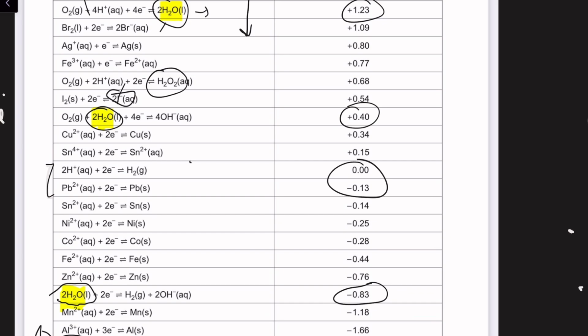So you require 0.13 volt for lead ion and hydrogen gas to react. In the case of nickel ion and hydrogen gas, you require 0.25 volts because it is more difficult to conduct this kind of reaction.